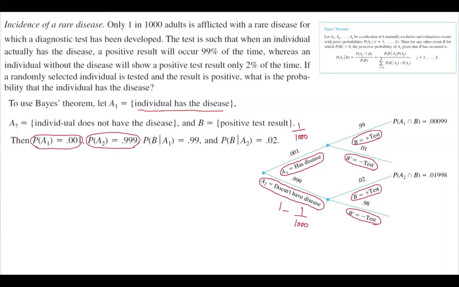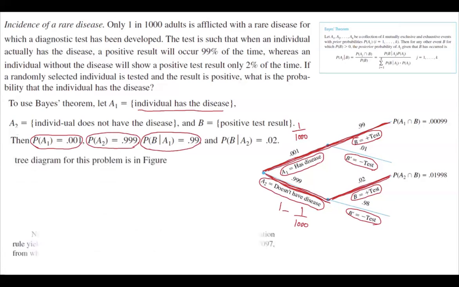The probability of B given A1 is 99%. So take a look. The probability of B, so we are connecting these two. On the first line, the probability of B given A1 and the probability of B given A2. So these are the lines that we are following here, everyone.